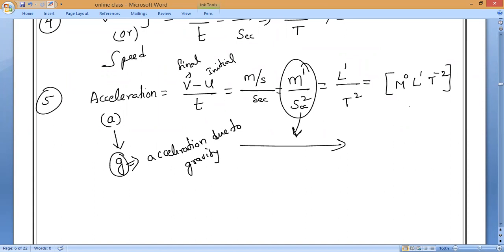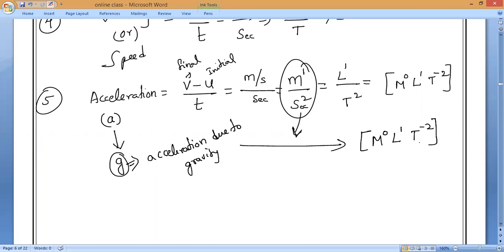No formula for acceleration due to gravity. Of course, a formula is there, but the result is very big. You cannot solve. So what are your dimensions? If units are same, dimensions are also same. So what are the dimensions of acceleration due to gravity? M0, L power 1, T power minus 2.